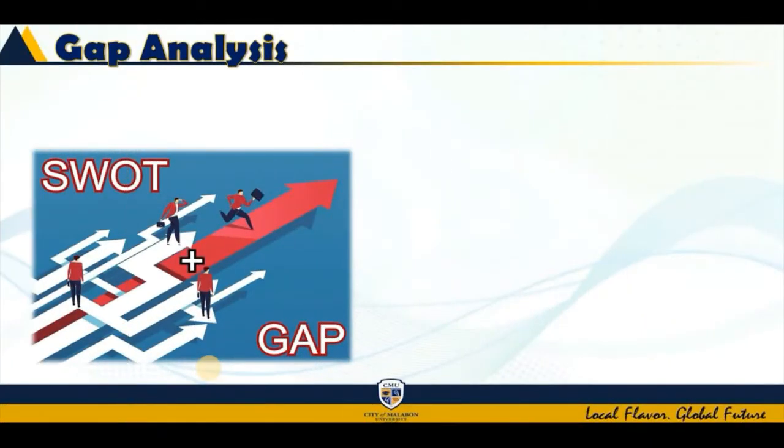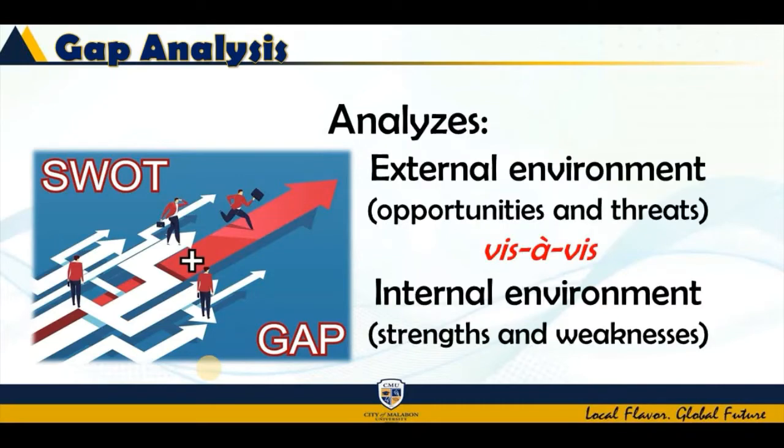Next, we also need to assess the gap. Why is there a gap? Because of some issues that need to be addressed in terms of our analysis through internal and external. Like what we said earlier, internal and external have a lot of issues to be considered. So information is collected regarding opportunities, threats, strengths, and even weaknesses.